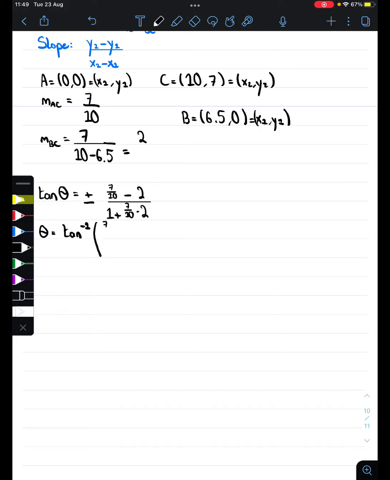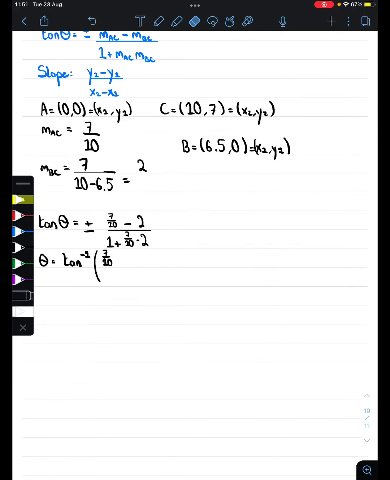So 7/10 minus 2 over 1 plus 7/10 by 2 equals minus 28.44.